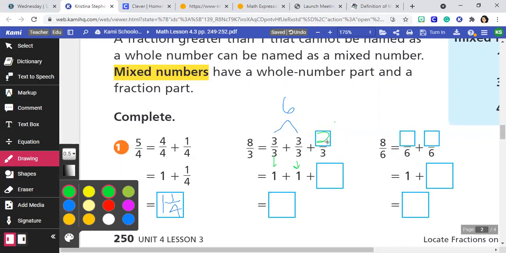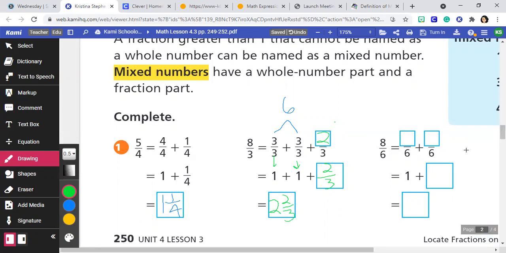So 1 plus 1 instead of 3/3 plus 3/3 is represented down there, but 2/3 stays the same. What is 1 plus 1? Hopefully you said 2. And then we're going to keep the fraction part with it for a mixed number of 2 and 2/3.